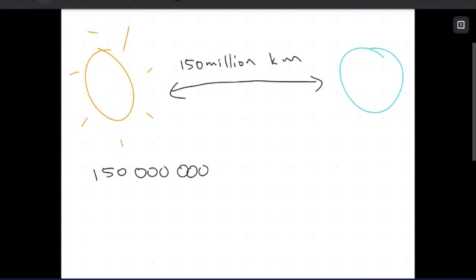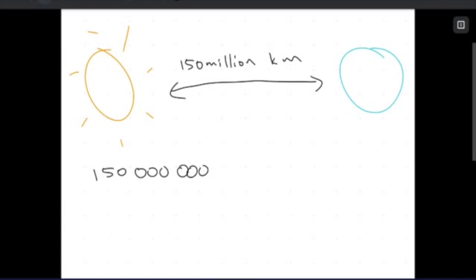Now, I've used a smaller example here because I just want to show you how this works. In reality, scientists often deal with even bigger numbers. So, in essence, this number is annoying to write. It's annoying to write all these zeros. I've expressed this in terms of some degree of accuracy.